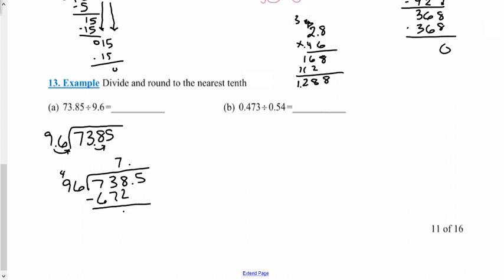All right, so that's 6, and then 6. Looks like we're there, I think. Okay, so we've got that. Now we're going to say, let's bring the next one down. Put the 5 there.